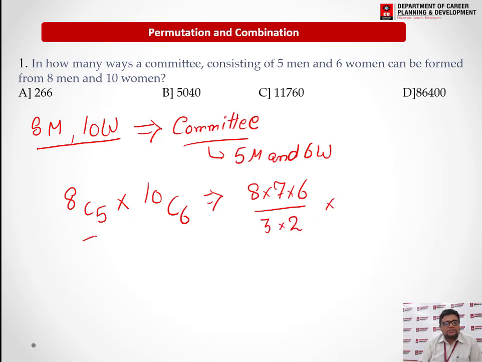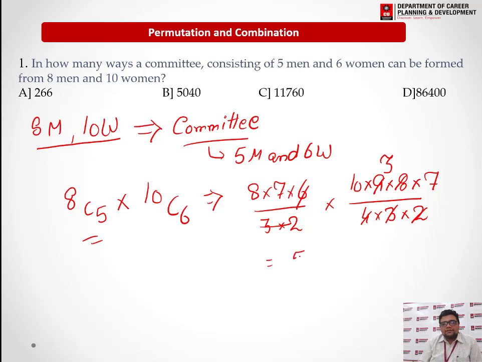If we solve this using our formula, it will be 8 into 7 into 6 divided by 3 into 2, multiplied by 10 into 9 into 8 into 7 divided by 4 into 3 into 2. If we cancel these values, it will cancel out with 6.